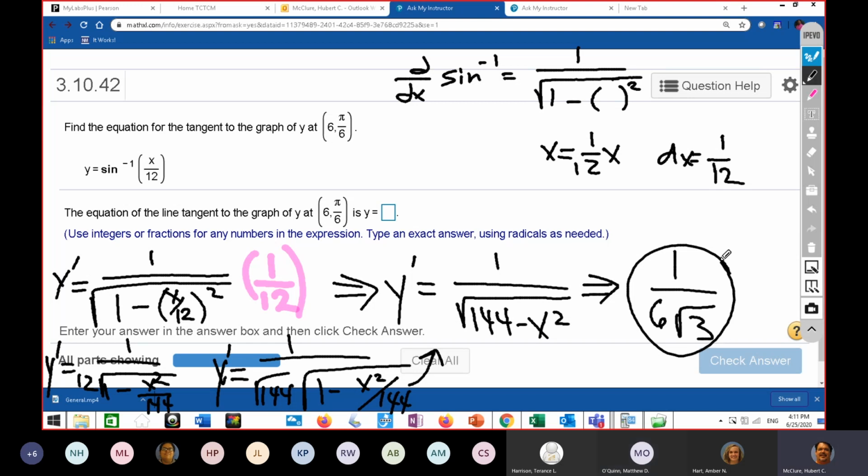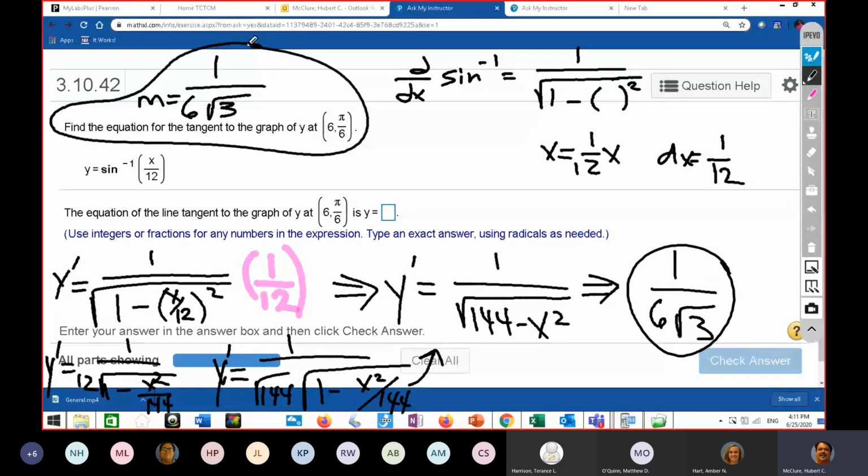Same here. So I've got m is equal to 1 over 6 square root of 3. And tell me something, what does that look like? That looks like an algebra 1, algebra 2 problem. m is equal to 1 over 6 square root of 3, and you've got a point at 6 and pi over 6.